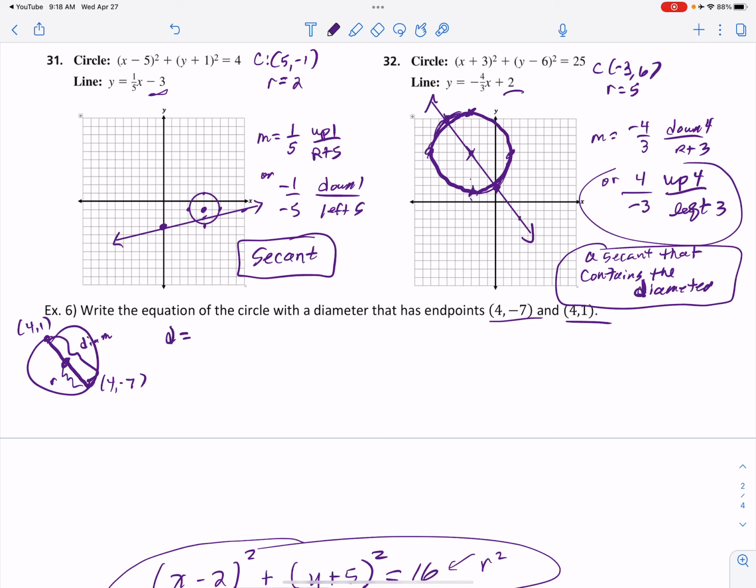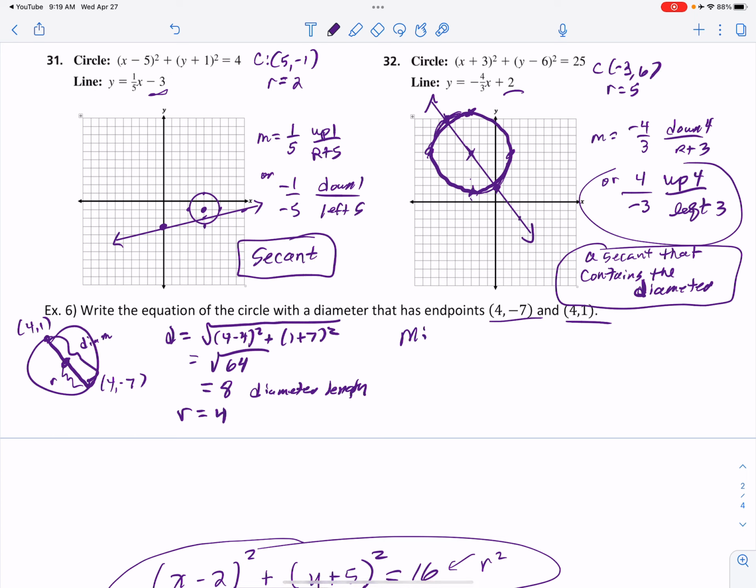So distance formula, change in x squared plus change in y squared. And that ends up being the square root of 64, which is 8. That's your diameter. And so your radius is 4. This is your diameter length. Radius is half your diameter.